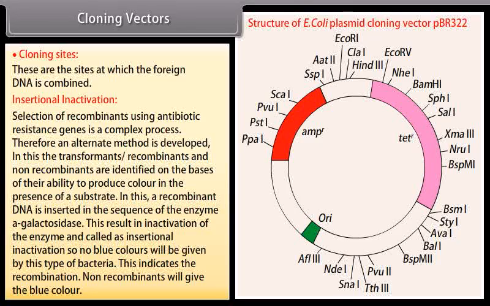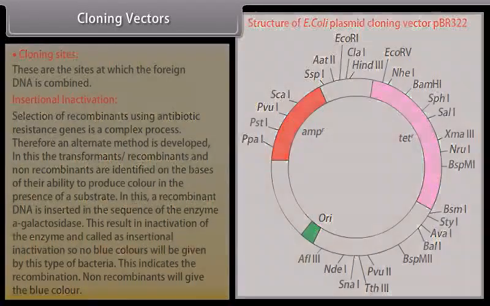In this, recombinant DNA is inserted in the sequence of the enzyme beta-galactosidase. This results in inactivation of the enzyme, called insertional inactivation, so no blue color will be given by this type of bacteria. This indicates recombination. Non-recombinants will give the blue color.